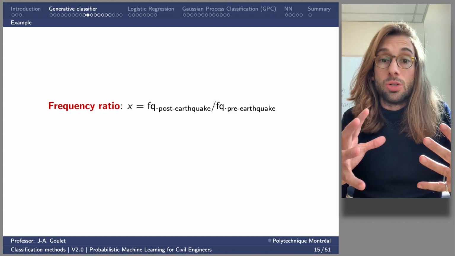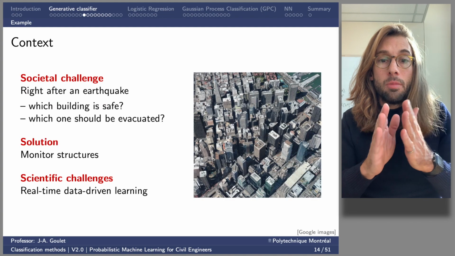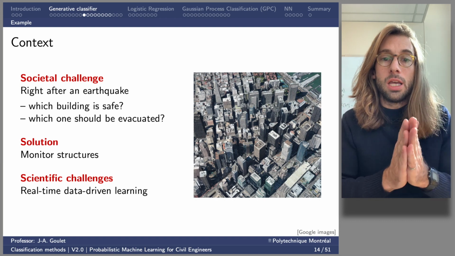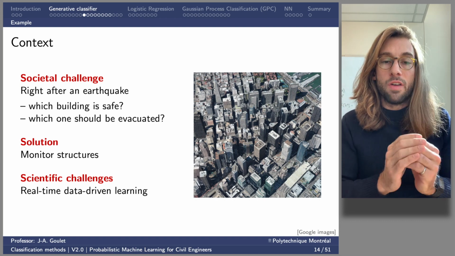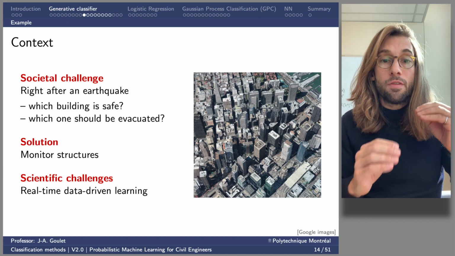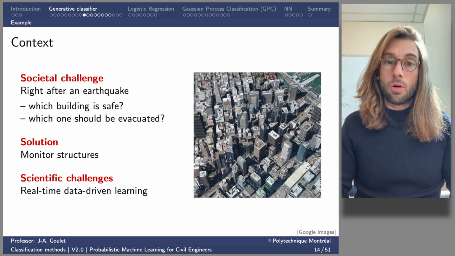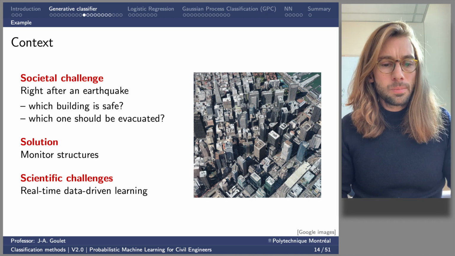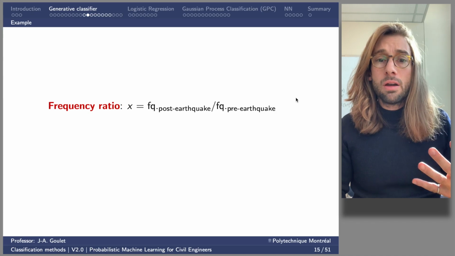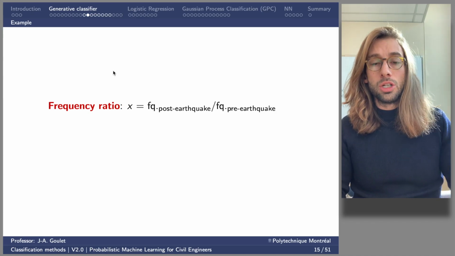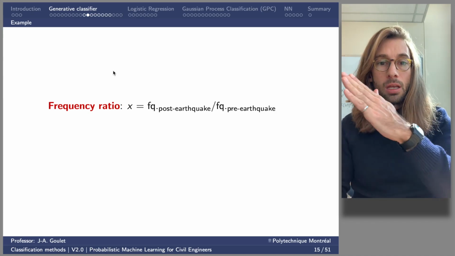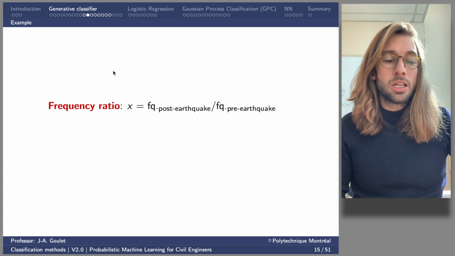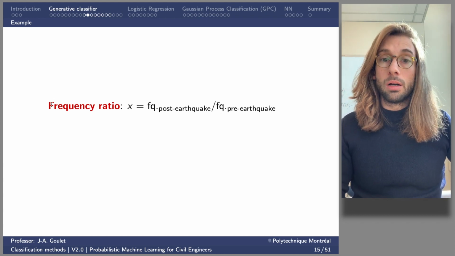This is a classification problem because here the class is going to be whether the building is safe or unsafe, as a function of a covariate, which is going to be a function of the natural frequency of our building. The covariate we're going to use to classify between safe and unsafe building is the frequency ratio. What does it represent?